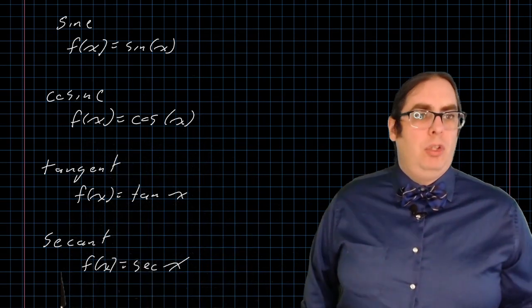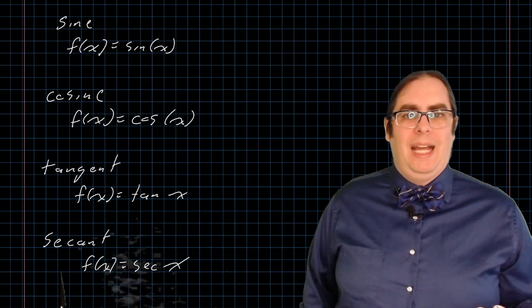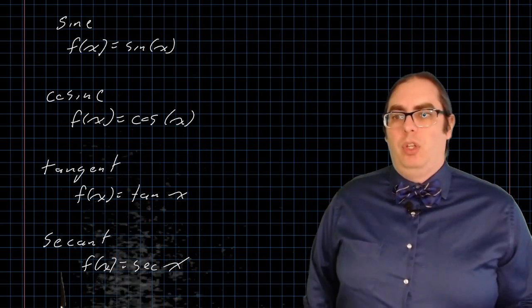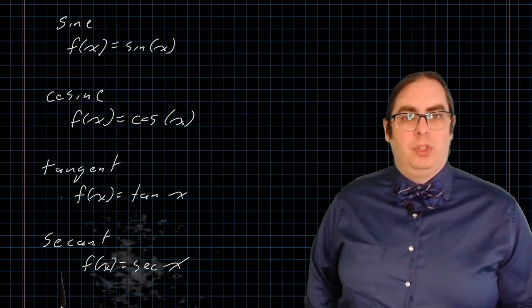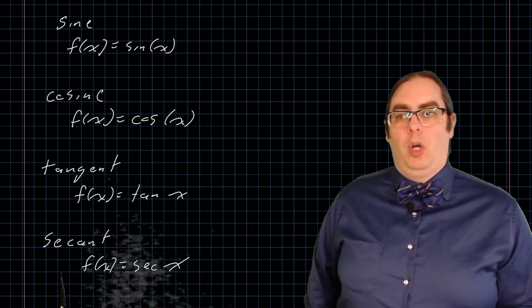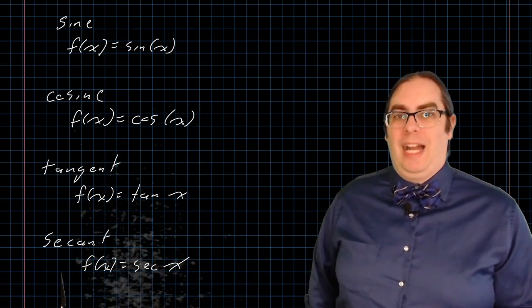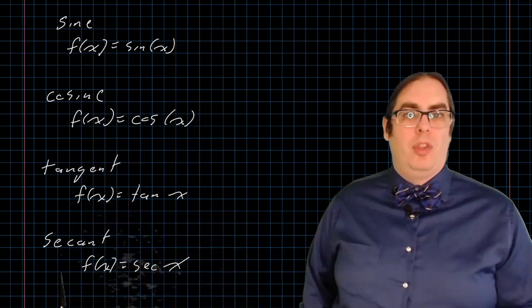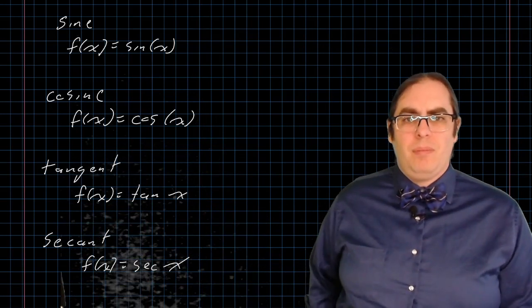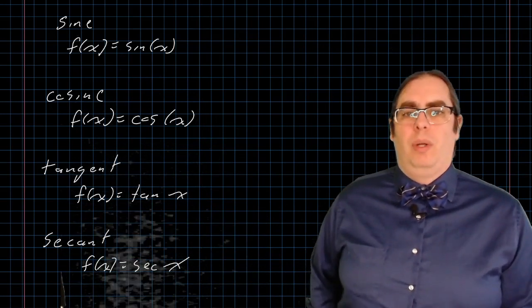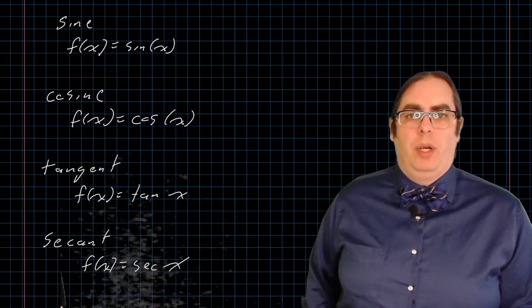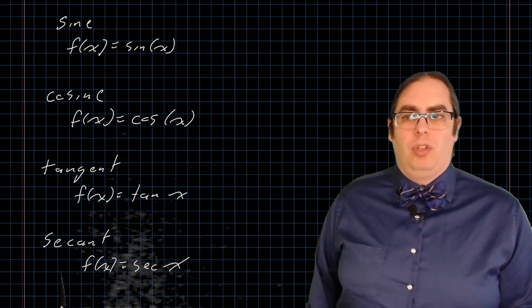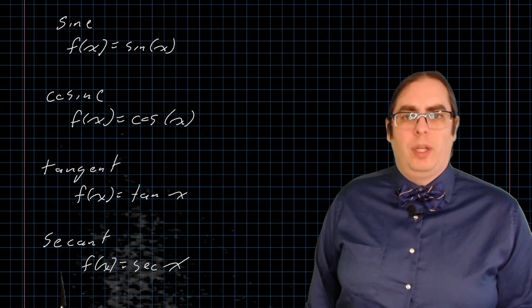And it was very useful in the days when we had lookup tables, when the way to find the value of a trig function was to open up a book and flip to the page that had that function and look on the table for it. That's unpleasant to do, and we live in a world where scientific calculators exist and can do these things very quickly.